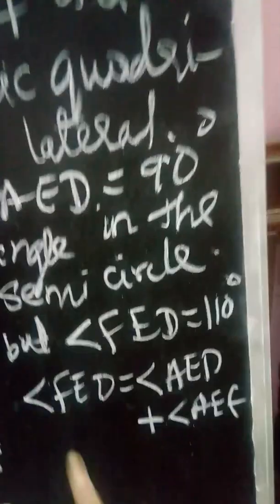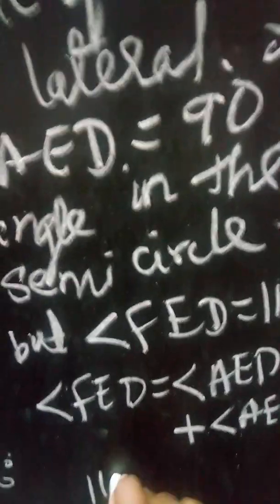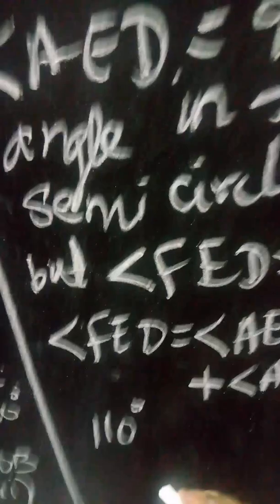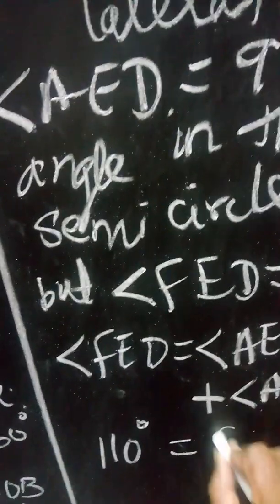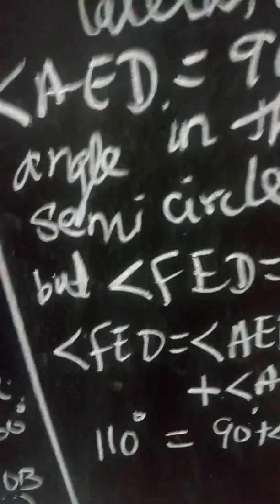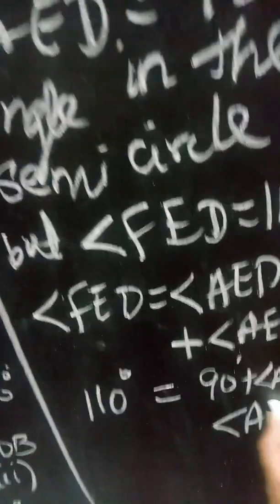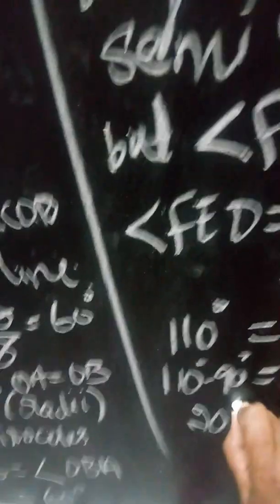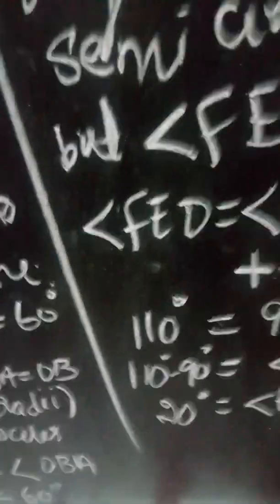We have to find out what is angle AEF. Now FED is 110. This is equal to AED, which is 90 degree, plus angle AEF. Now angle AEF is equal to 110 minus 90 degree. This will be 20 degree. Angle AEF is equal to 20 degree.